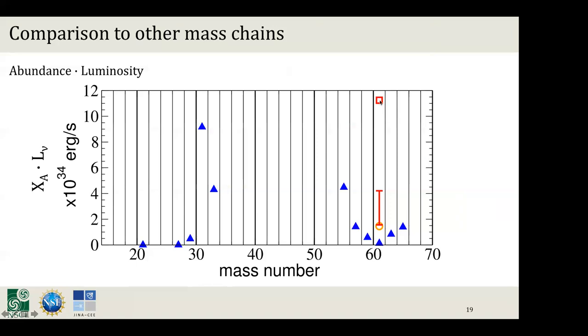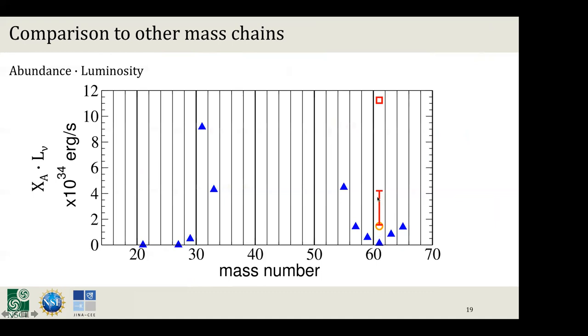If you look over here, this is the mass-61 chain. This is the QRPA prediction up here. That would make it far and away easily the strongest Urca cooling chain. This red error bar is what we've measured, which brings it down to a much more modest level.